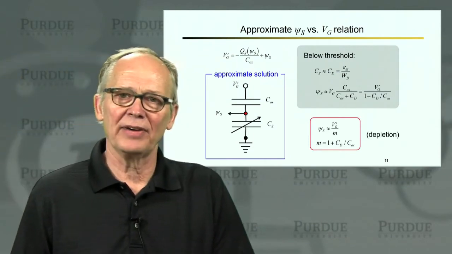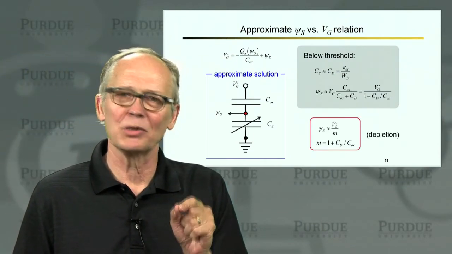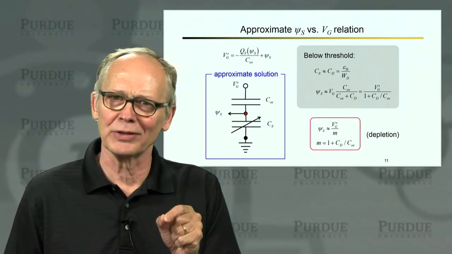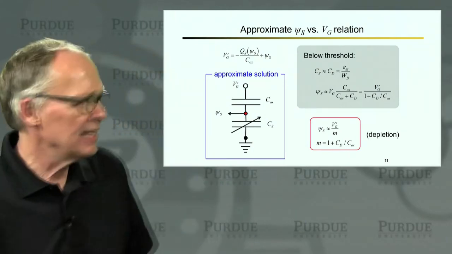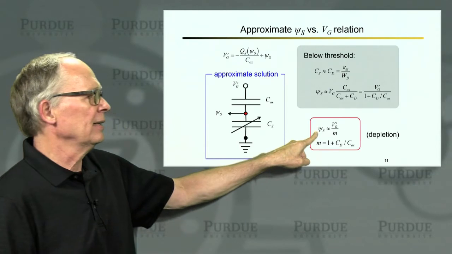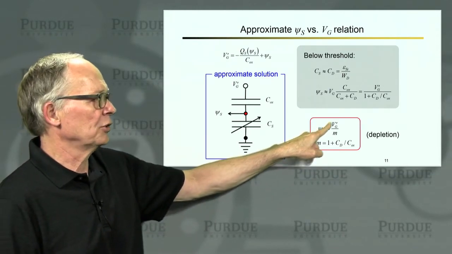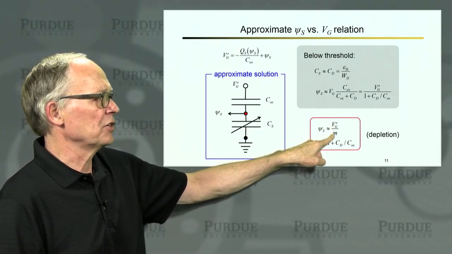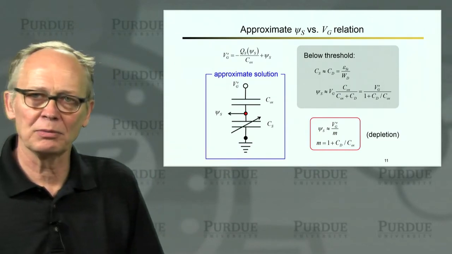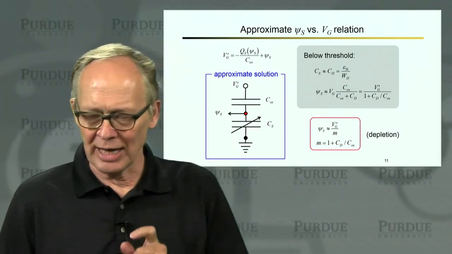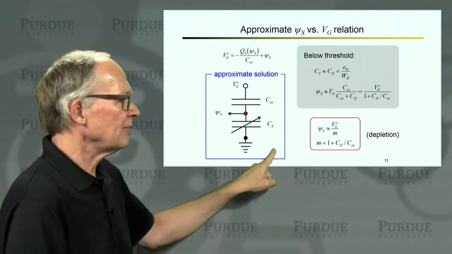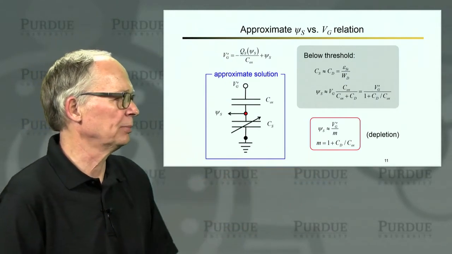And I could then define a parameter we'll call M, which will occur over and over again in our subsequent discussions. I can simply say that the surface potential is the gate voltage divided by this numerical parameter M. So M is always greater than 1. It's just 1 plus the ratio of these two capacitors.